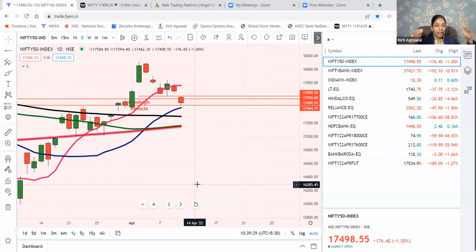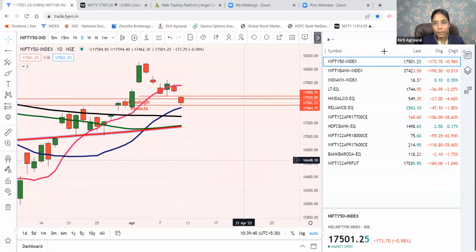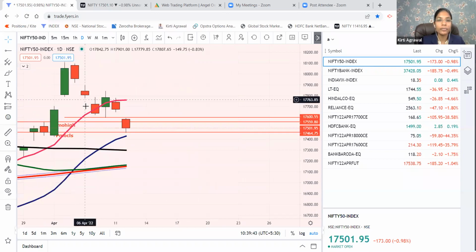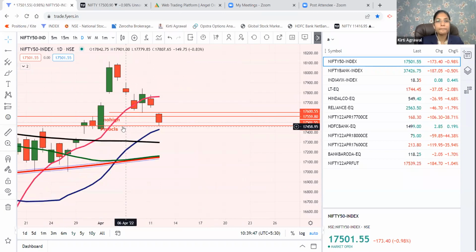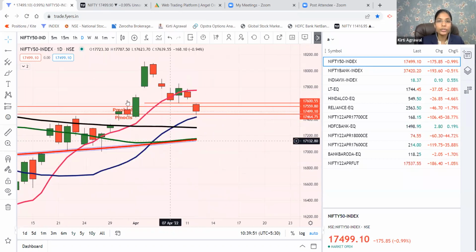After correcting multiple times, we are in a support area, and this is also your previous month's close, previous month's high. In total, if I sum up all the information, we have moved down for the last 6 days, and we are in a support area for sure.